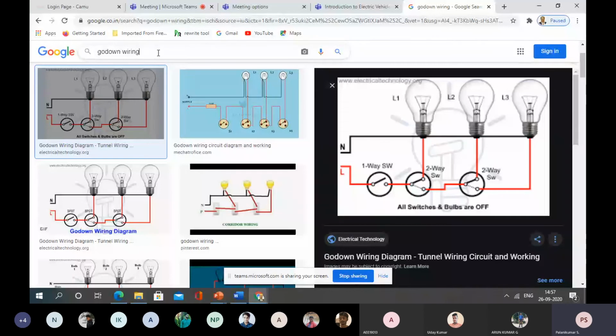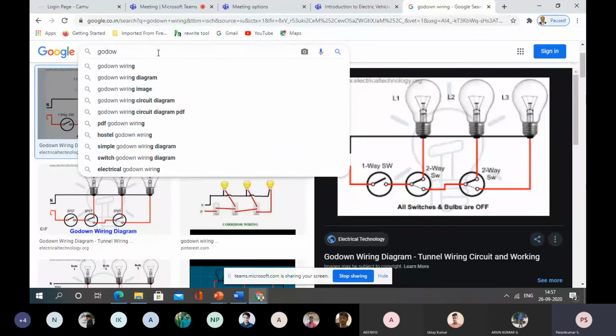Present staircase wiring. If you see any multi-star hotels, 5-star hotels, during late night time, maybe after 10 p.m., 11 p.m., they are using this type of staircase wiring that is having an LED light.